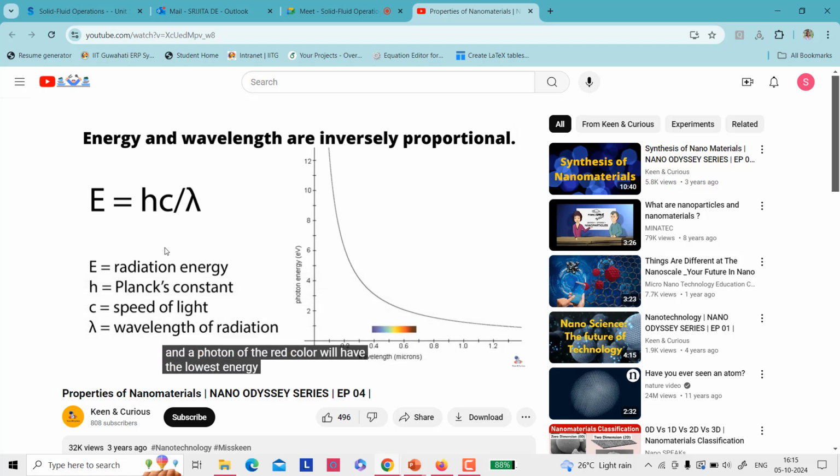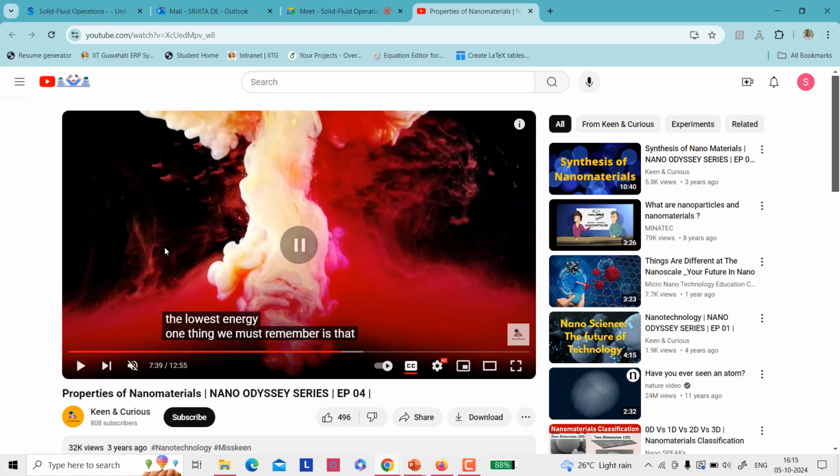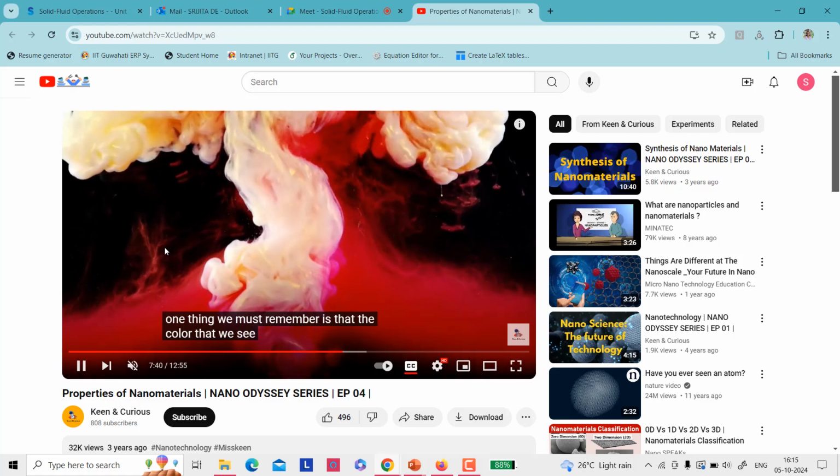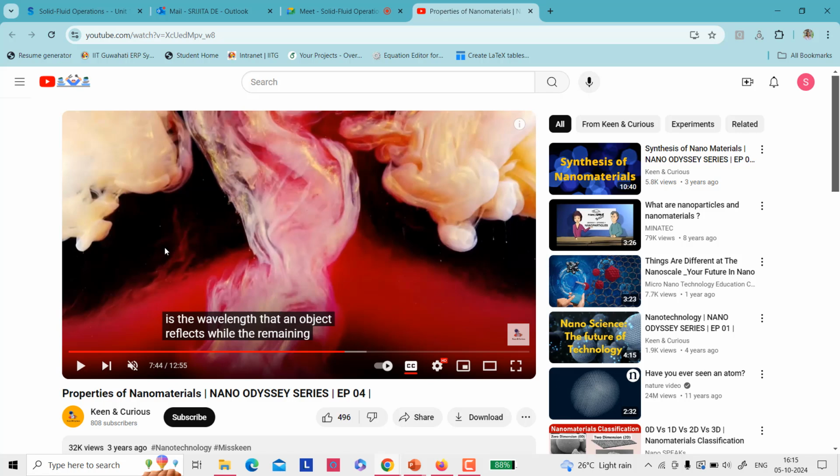The particles in the sky, dust particles, different types of gas particles, clouds, absorb all the other rainbow colors, but they reflect back the sky color. Blue color they reflect. That is why we see the sky as blue. So this is what it is telling: an object reflects.